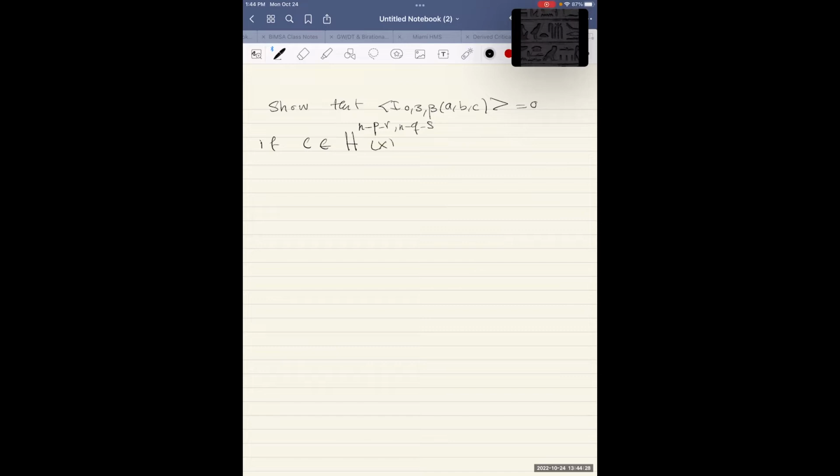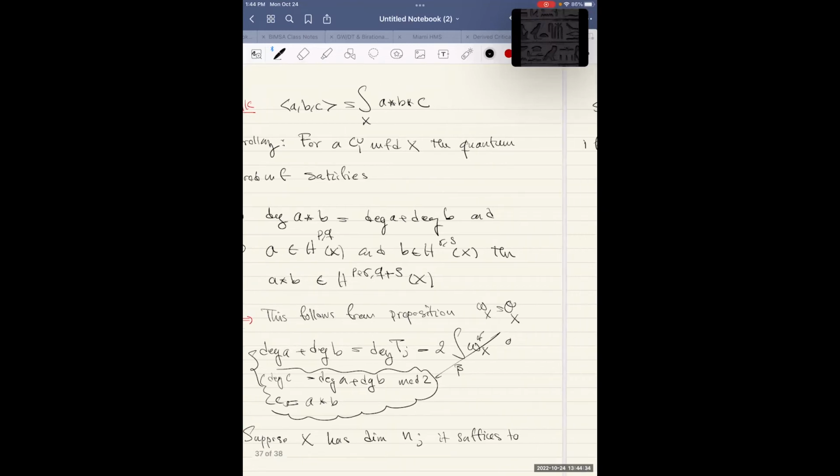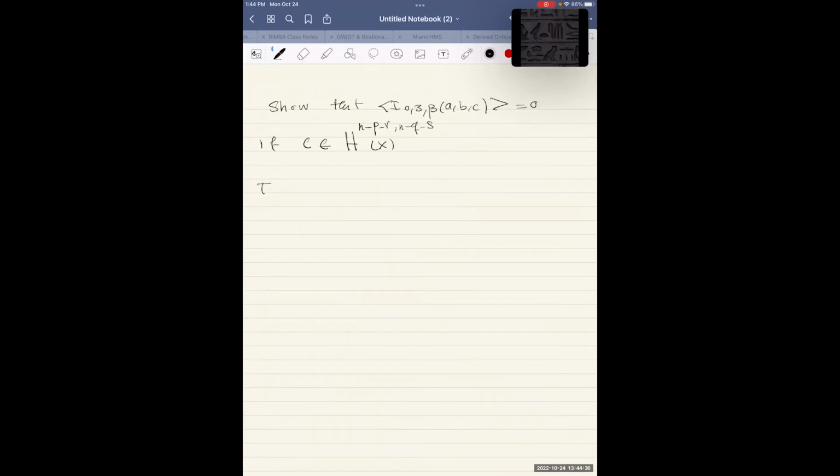Because basically this is what we are trying to prove, right? So this follows by the fact that G of A cross B and C is compatibility between intersection product and quantum product.